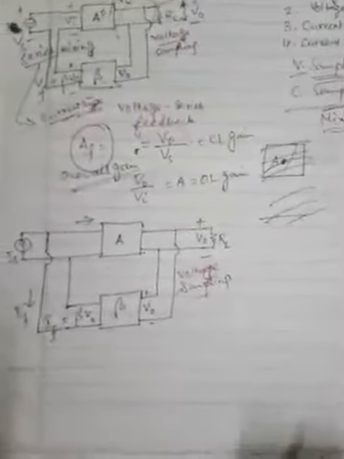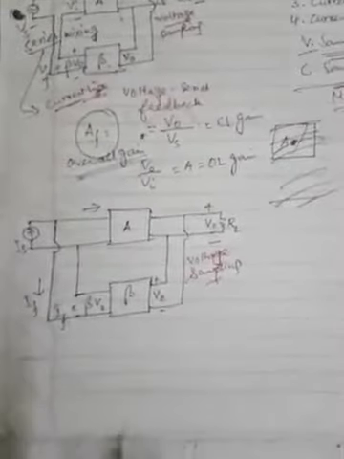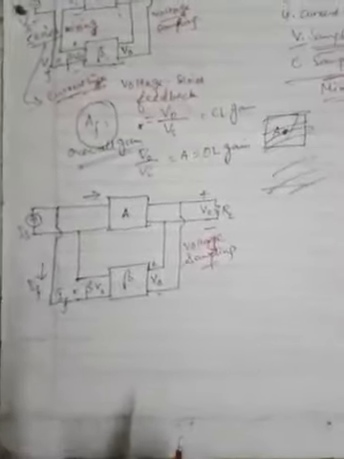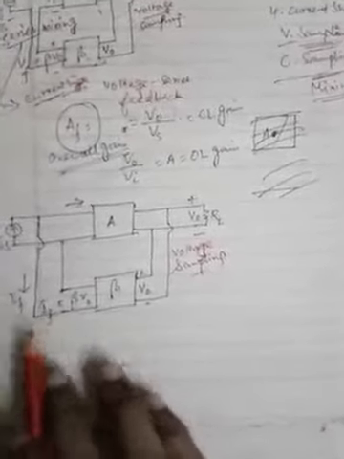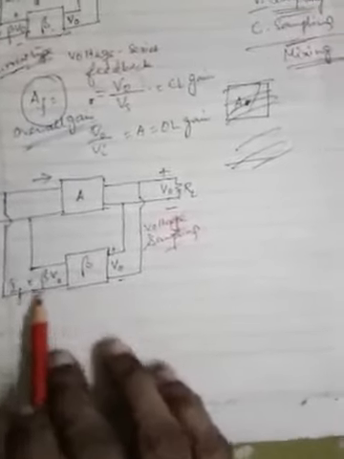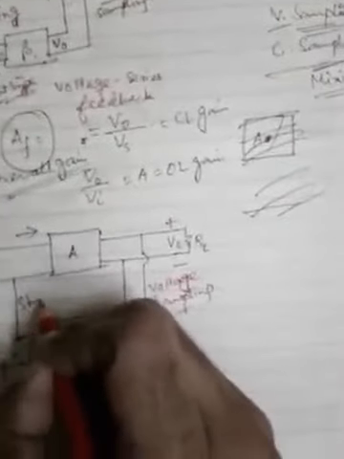That means it is shunt connection. As if we are feeding back like a voltage, but that is actually not the same. We are actually taking the current equivalent quantity of the voltage V0 from the feedback network, feeding back to the input of the basic internal amplifier in parallel, not in series. So this is shunt mixing.